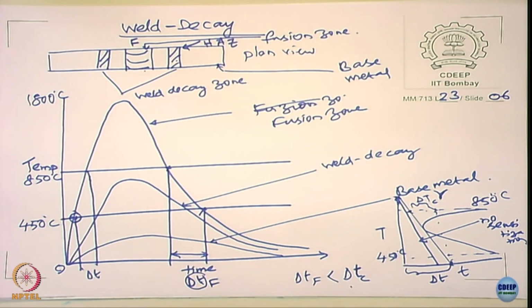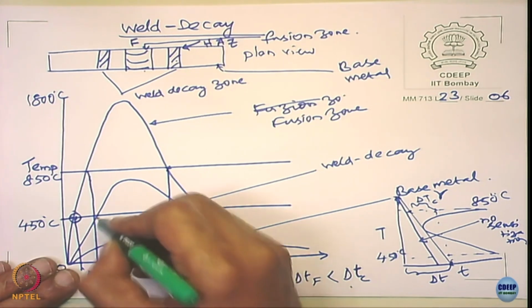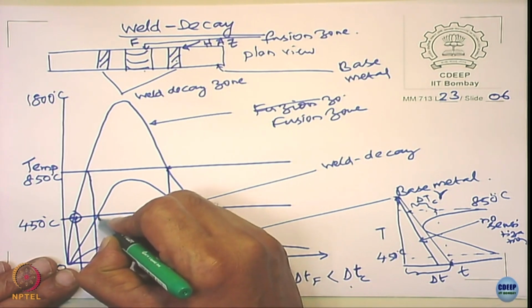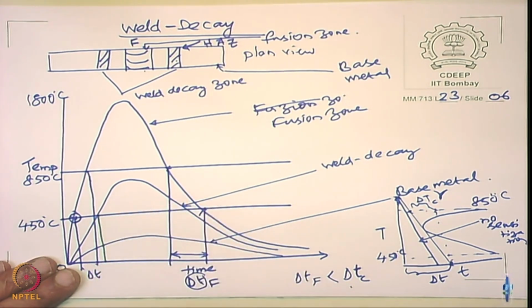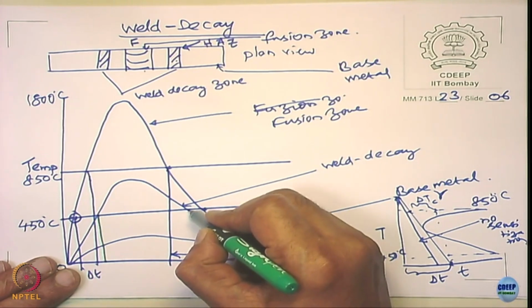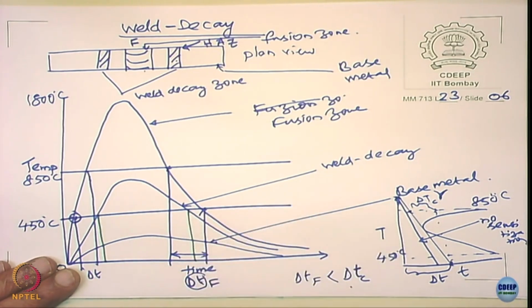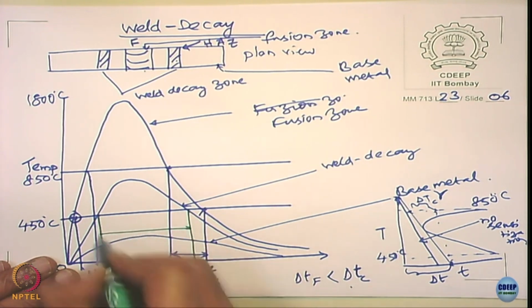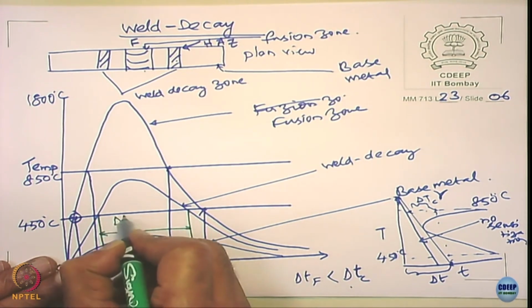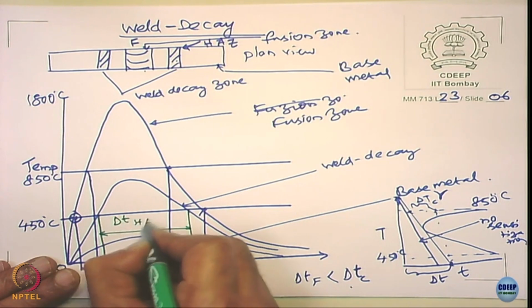Now let us take this case of E temperature zone. You guys are okay? Now let us take the case of E temperature zone. It starts from here. Where does it end? It ends here. Delta T, it says that.